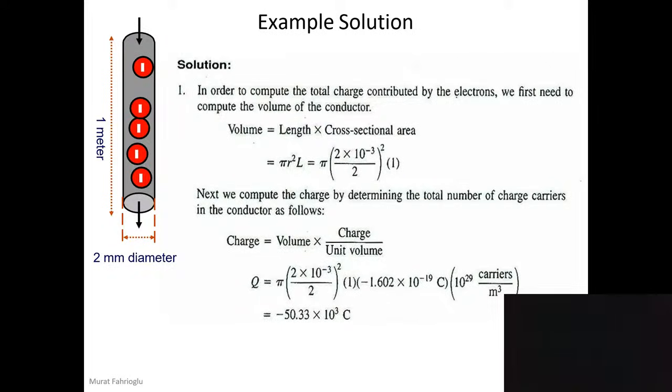Next, we compute the charge by determining the total number of charge carriers in the conductor. Charge is equal to volume into charge per unit volume.